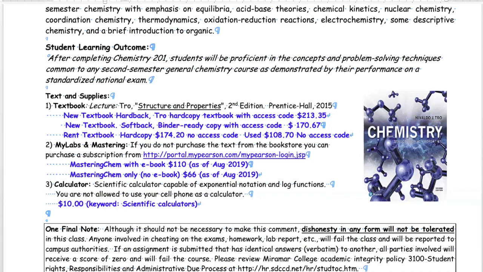Another thing is that you need to learn how to use the EE key or EXP key, not the scientific exponent key, because sometimes if you don't type in your numbers correctly, you'll be off by a factor of 10. So keep that in mind.